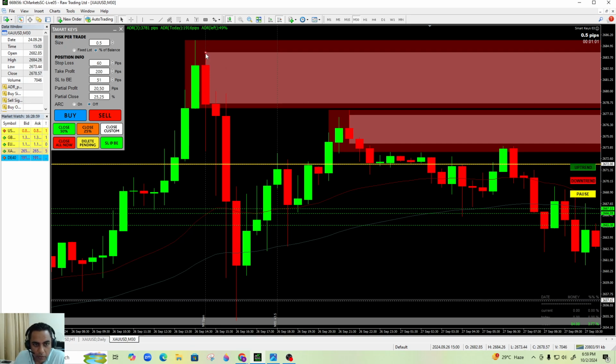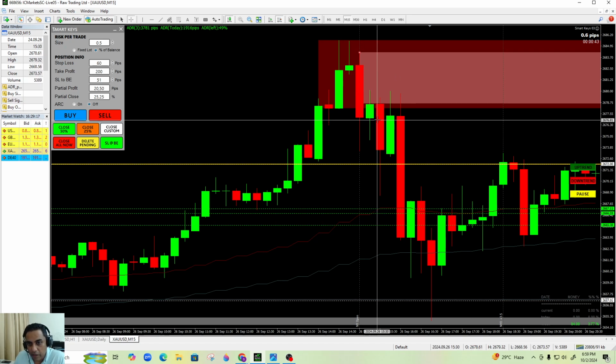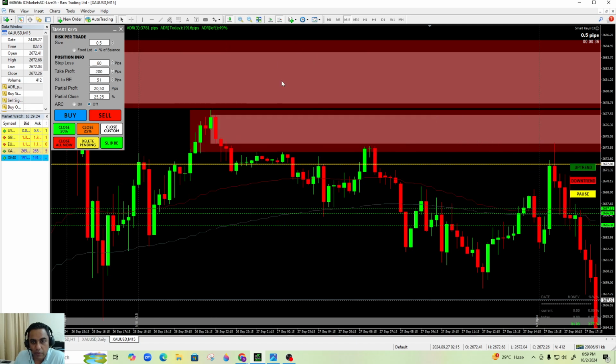That's the 30-minute. That's the start of this. The open of the candle is the start of the push down, 275 pips, right? If you go down to the 15-minute, that's a volume candle pushing price down. But that candle comes beyond the zone. So we've already tapped into that level.